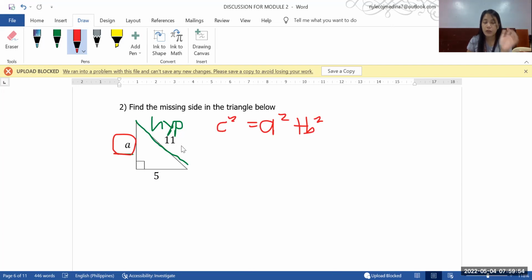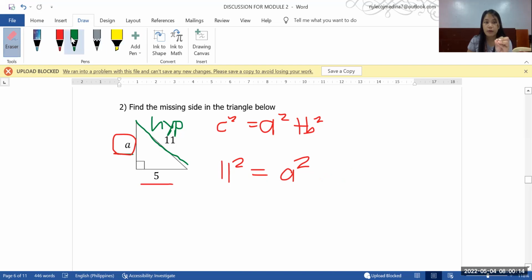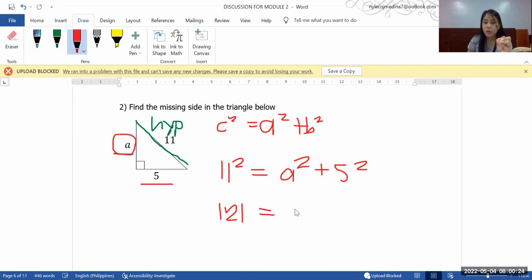C is your 11. So, usarakan tayo ni A. Substitute tayo ulit. We know na ang C squared natin is 11 squared. Ang A squared natin is a 1 kasi hinahanap. Plus, B squared is 5 squared. Tapos, 11 squared is equal to 121. A squared, plus 5 squared is equal to 25.